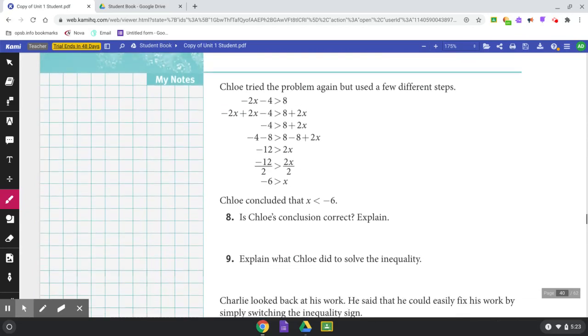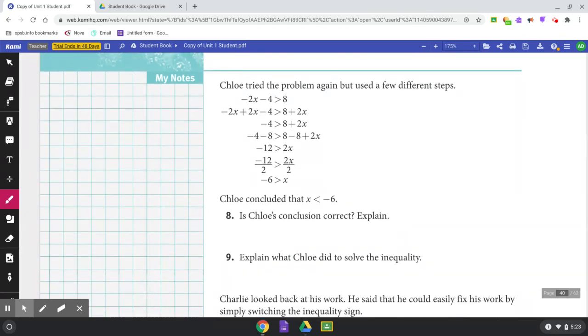So let's see what Chloe did. Chloe tried the problem again, but used a different step. Chloe added 2x to both sides. She moved the term with the variable to the right side, and then she subtracted 8 from the right side to move the 8 to the left side. And then she solved all the other steps.